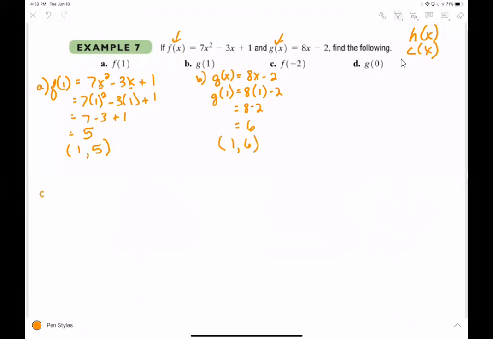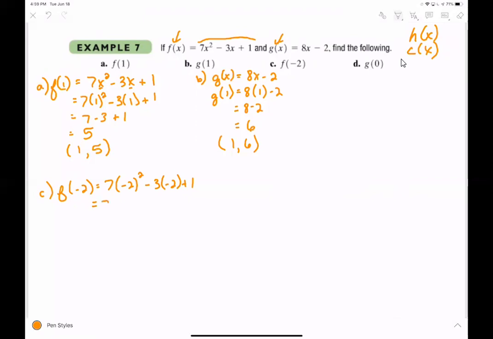Our third example, we're going to go back to f, and we're going to input. So I'm just going to go ahead and save some time writing. So we're inputting a negative 2. All right, I'm going to go back to this f, and I'm going to replace x with negative 2. And then we're going to simplify the right-hand side. So using PEMDAS, we're going to do exponents first.